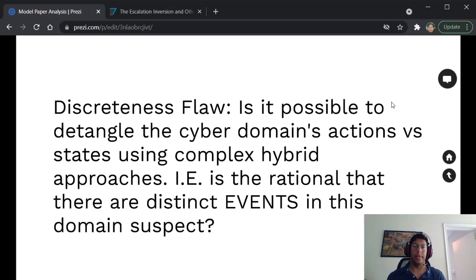So let's just say events are correlated together. If I'm already in conflict with somebody, I'm likely to be doing a lot of events, and those events are not necessarily singular. What is the unit? Is it a single attack, like I blew up a power system with cyber?